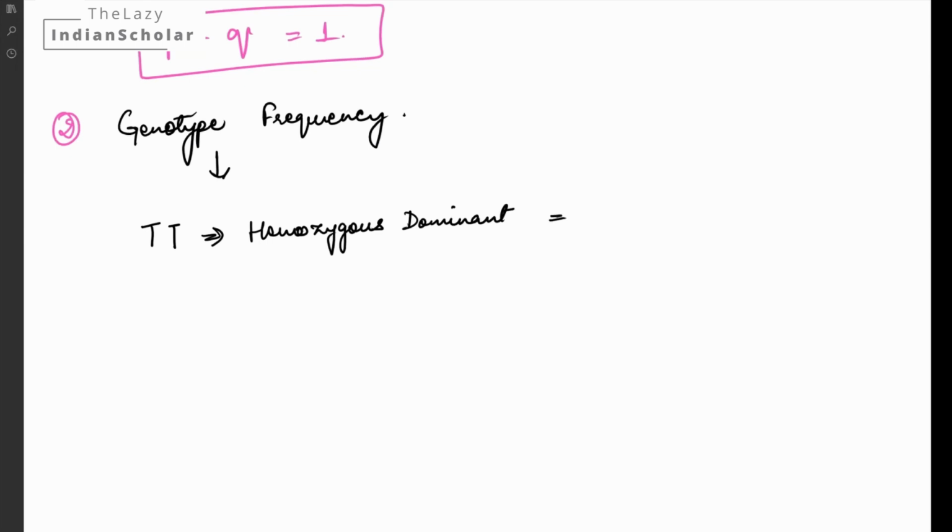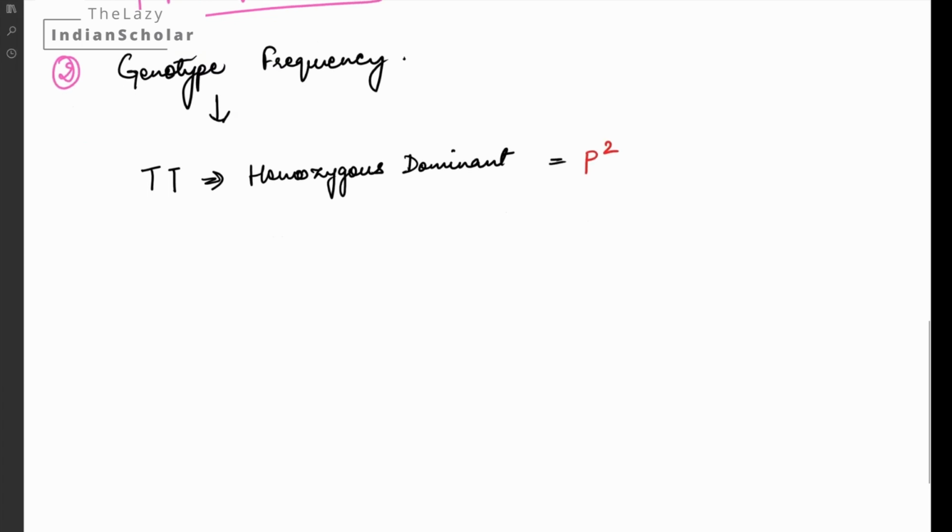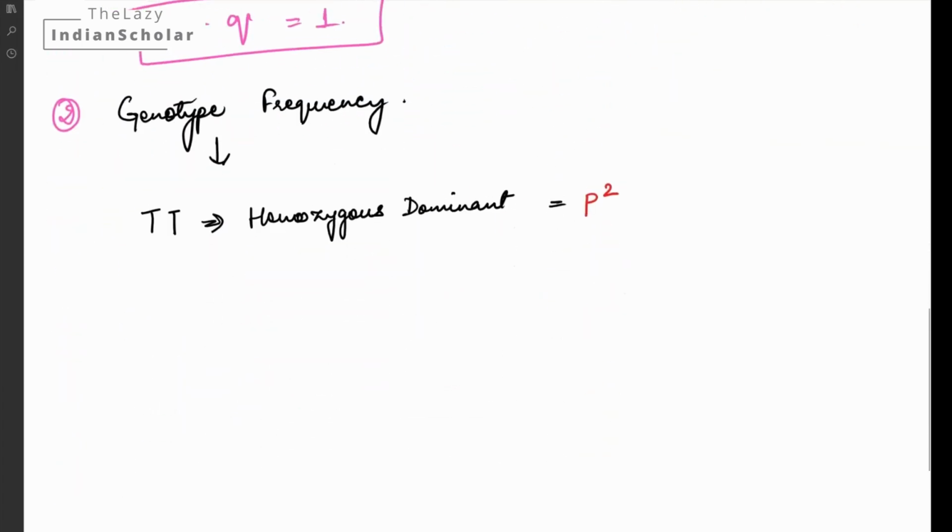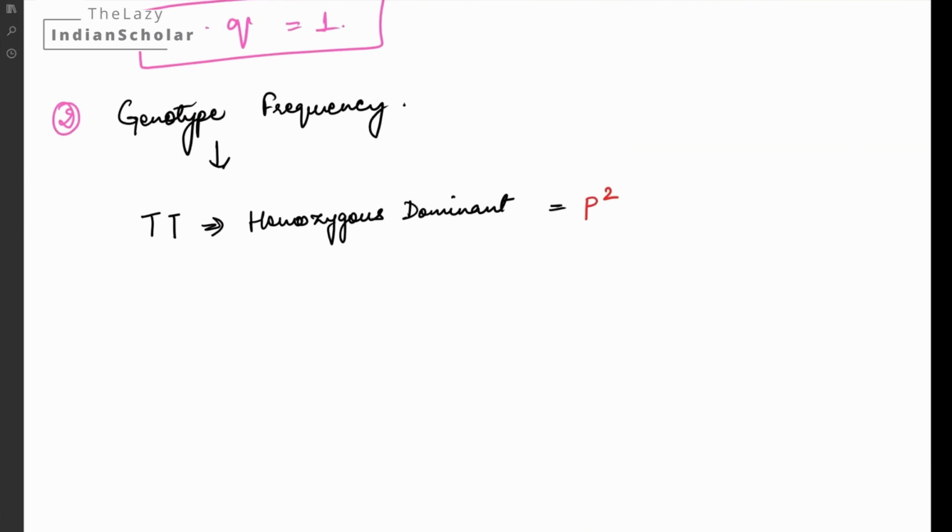and we denote it as p square. Here again another type of tall individual is the heterozygous one, capital T small t. This is the heterozygous individual, and we denote it as 2pq.